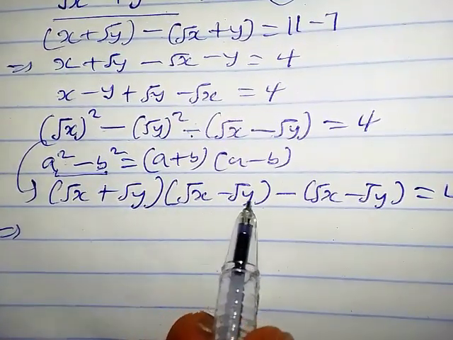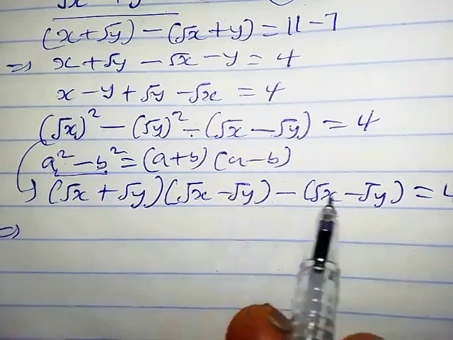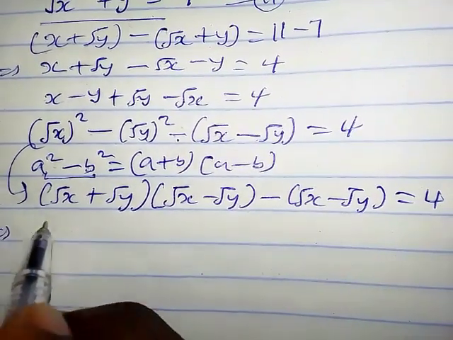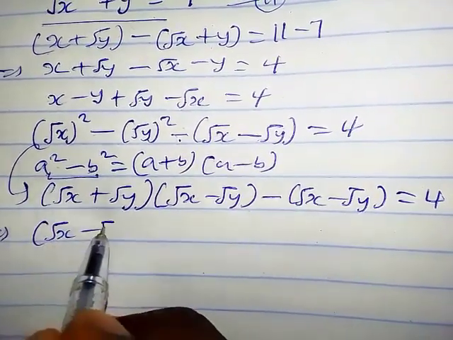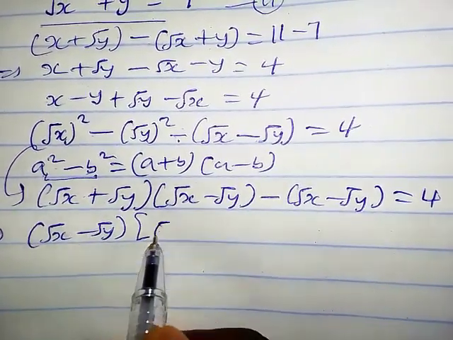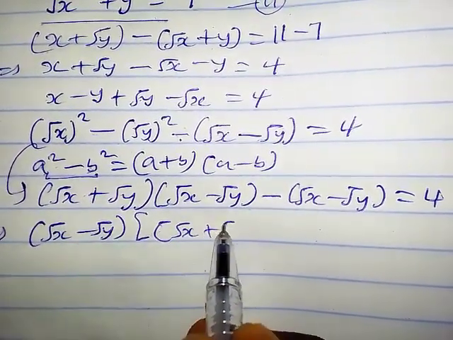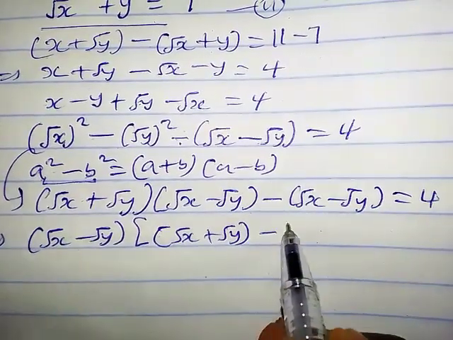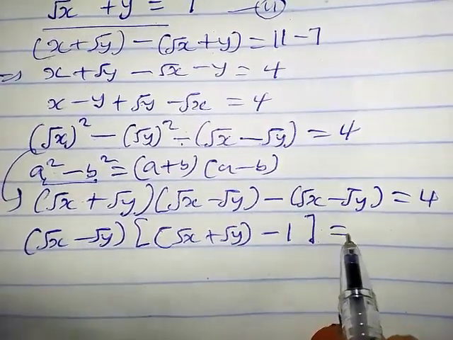Square root of x minus square root of y is common, so let us pull it out: square root of x minus square root of y times the bracket square root of x plus square root of y minus 1 equals 4.